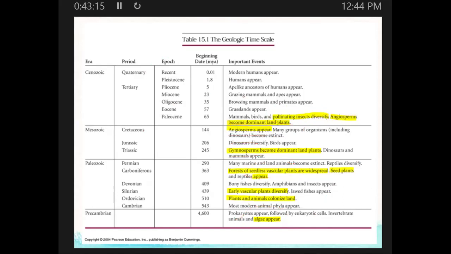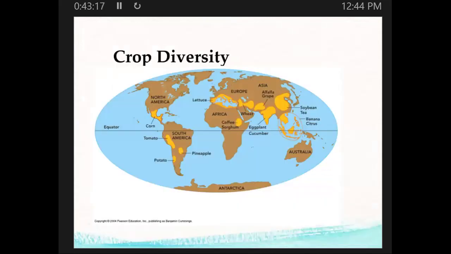Now, there has been a lot of debate about where certain crops evolved and where they're native to. And this is going to change a little bit. But one thing I'd like you to think about and appreciate is that we've thrown away the idea that crops originated in just one spot of the world.